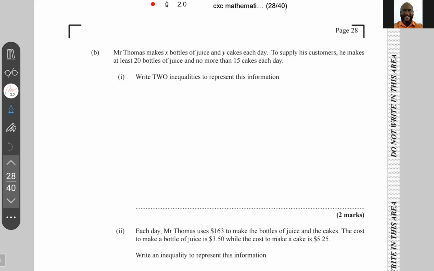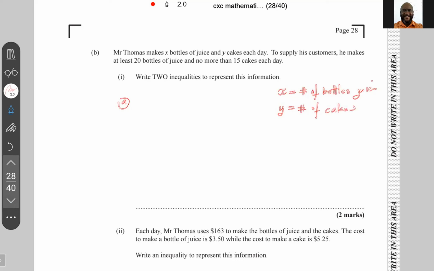All right, so inequality number one, A. This says, first of all, he makes x. x is the number of bottles of juice, and y is the number of cakes.